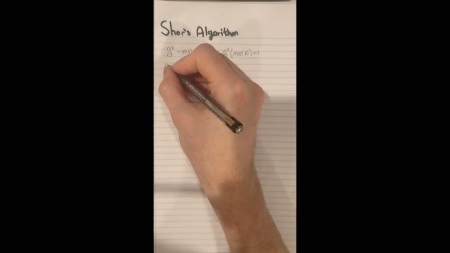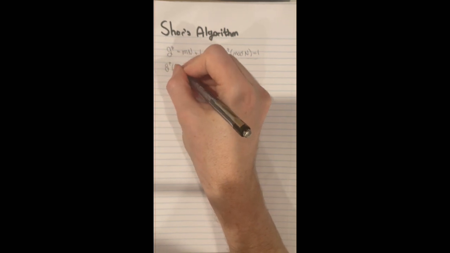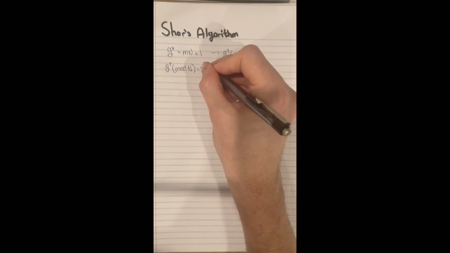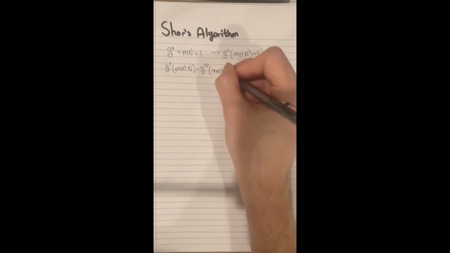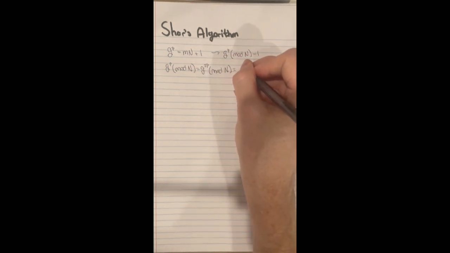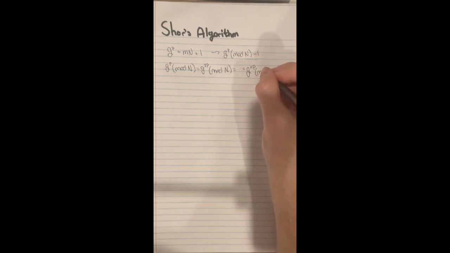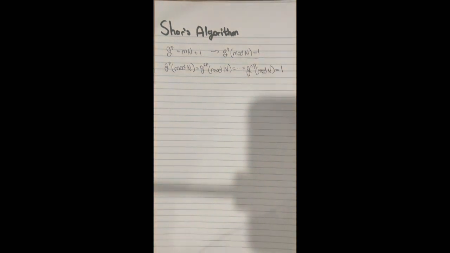So explicitly, g to the p mod n equals g to the 2p mod n, which will equal g to the np mod n equals 1. Again, where n is just some integer value.